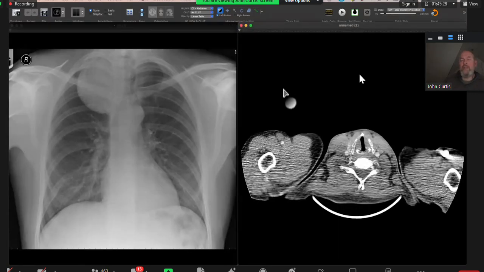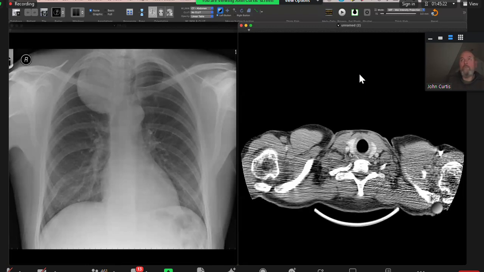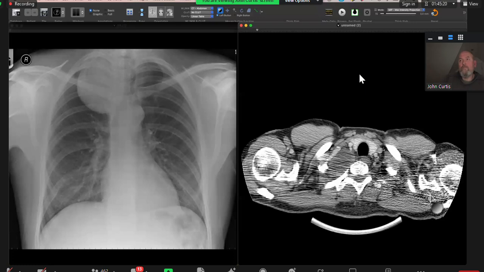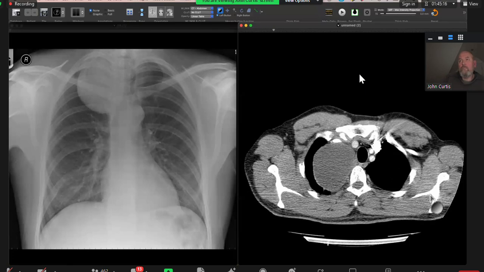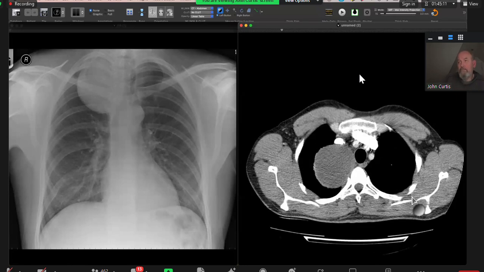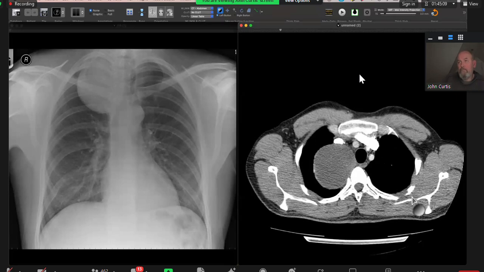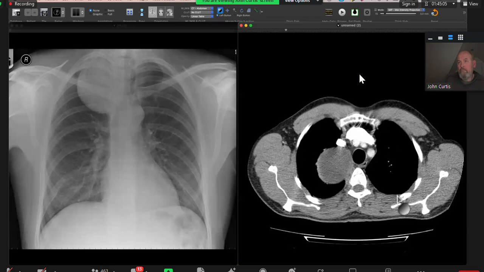Okay, have a look at that. Does that fit with the schwannoma? Yes, sir, it does.